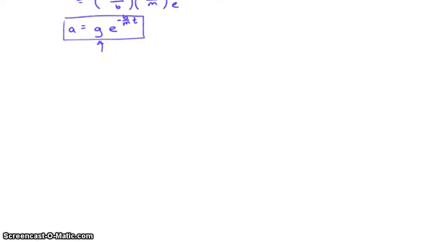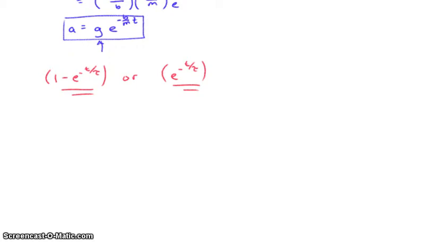What you're going to find in a lot of these problems is a solution with 1 minus e to the minus t over something, we'll call it tau, or you might have e to the minus t over tau. So really, the shape of the graph at t equals 0 and at t equals infinity tells you which form you're probably looking at in your solution.